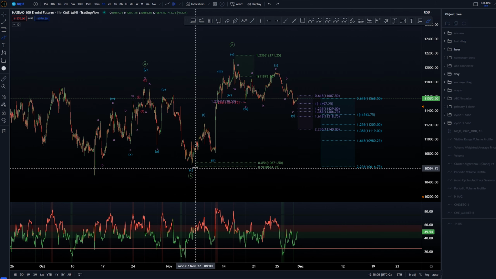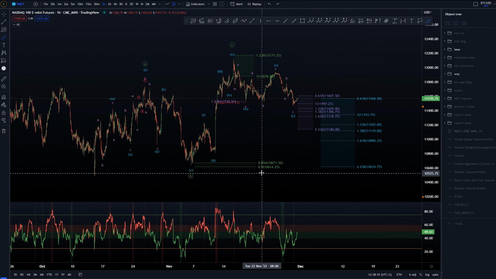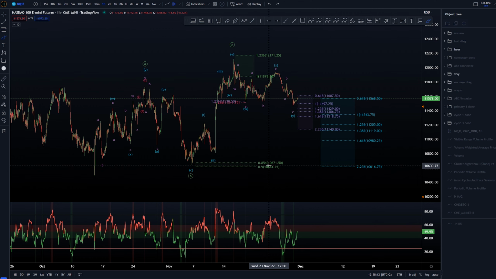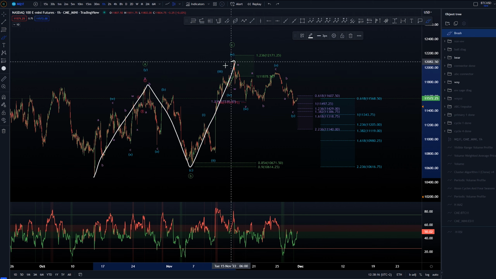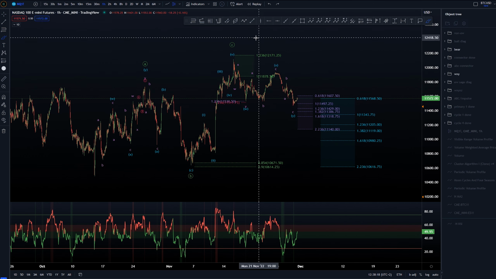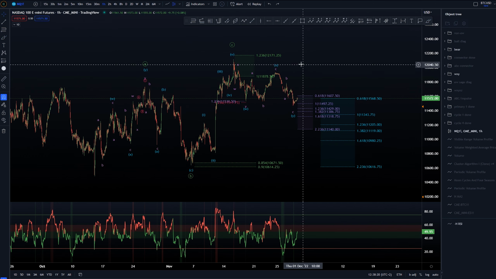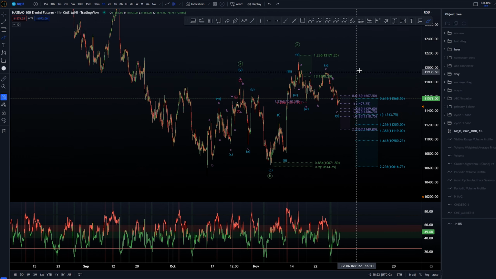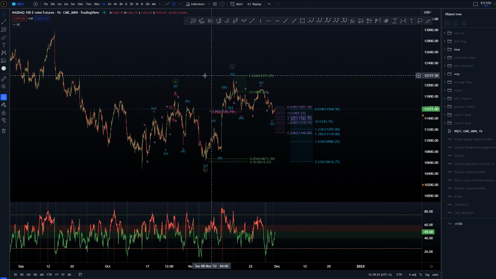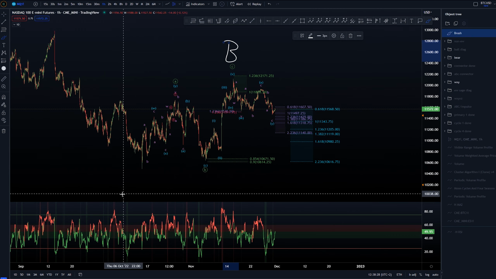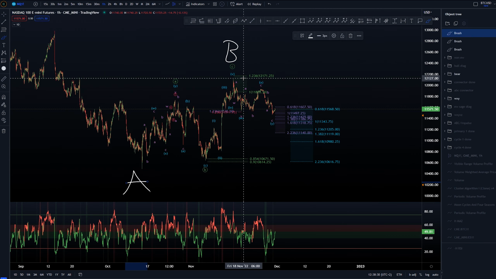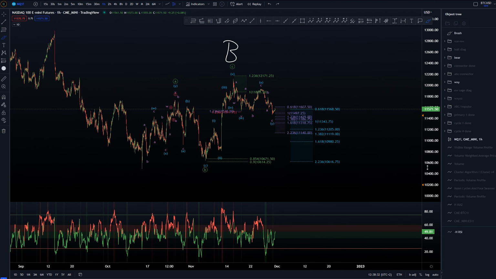And that would get us right into the area of 90% retracement, which would qualify this whole thing as a flat. So three waves, and then a five-way structure up in here. That would mean that the whole structure would end at these highs, with the B wave count possibly ending up in here. So this would be the A wave, B wave, and then we would be looking for a C wave downwards.